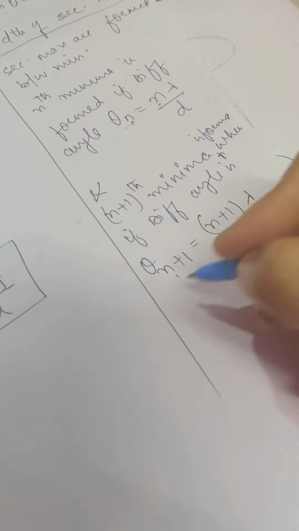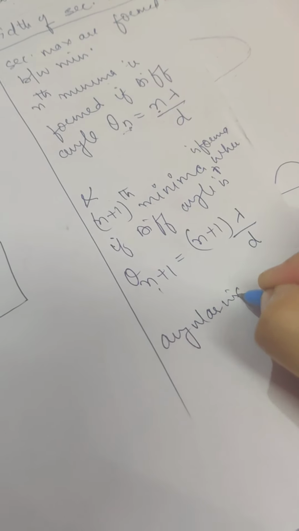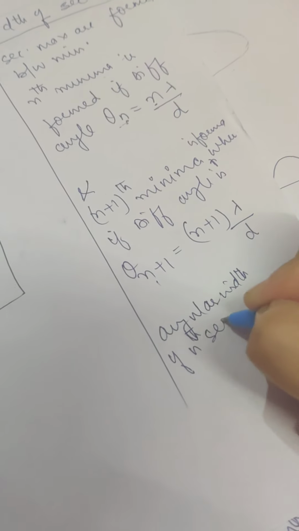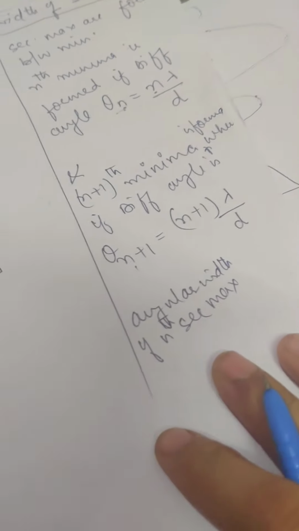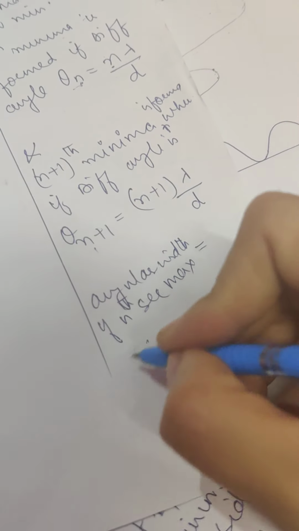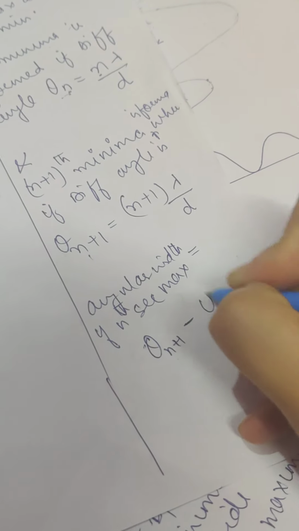Now beta, the angular width of the nth secondary maxima, we will subtract both of these. It will become theta n plus 1 minus theta n.